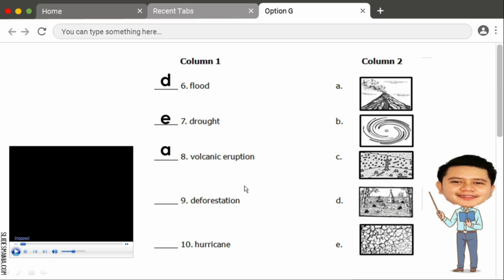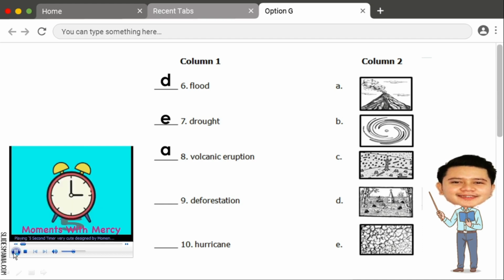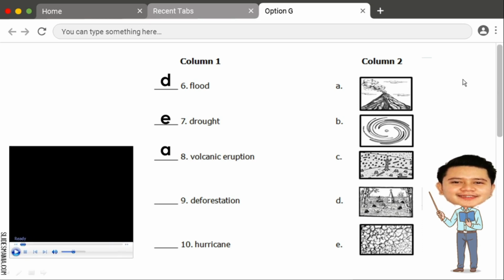Next, number 9, deforestation. Again, deforestation. What is the correct answer? 5 seconds. The correct answer is letter C. Deforestation. They're cutting the trees.